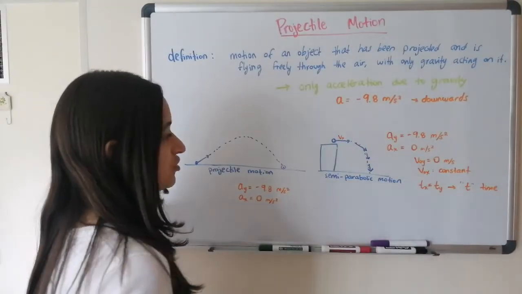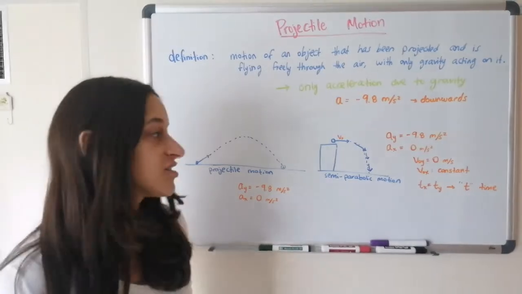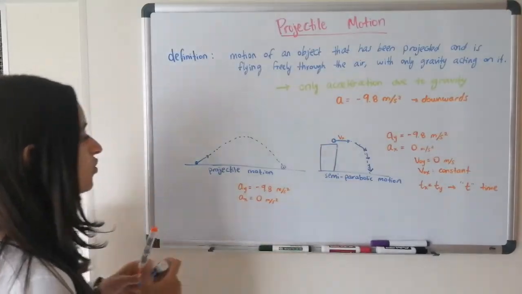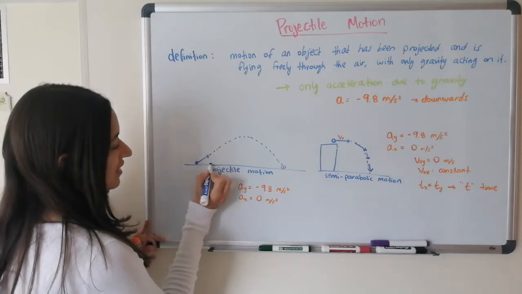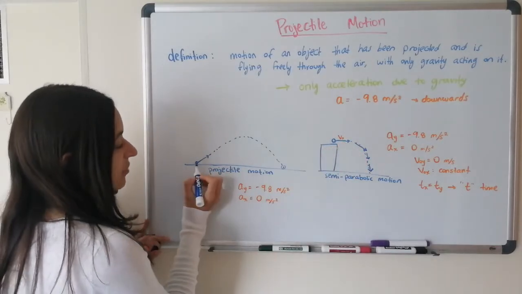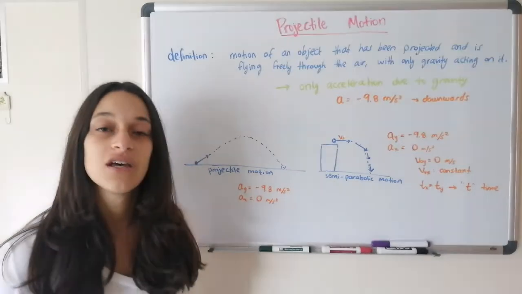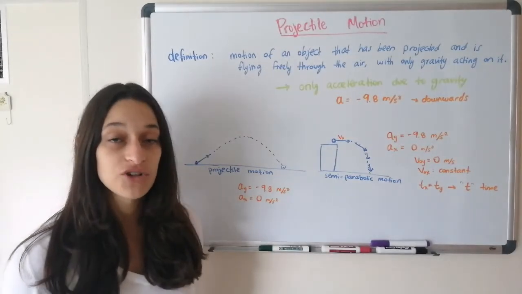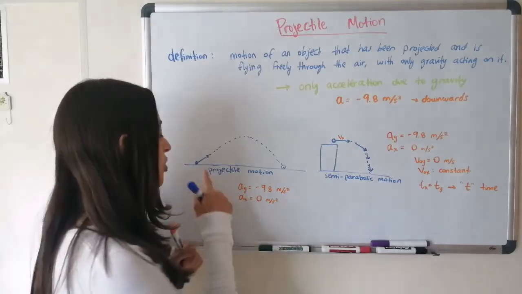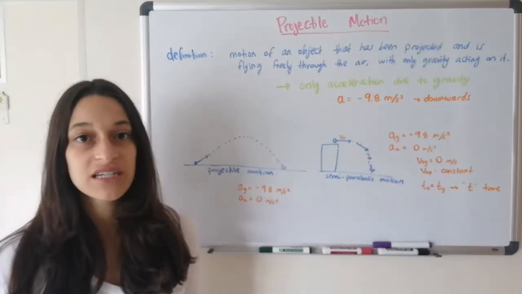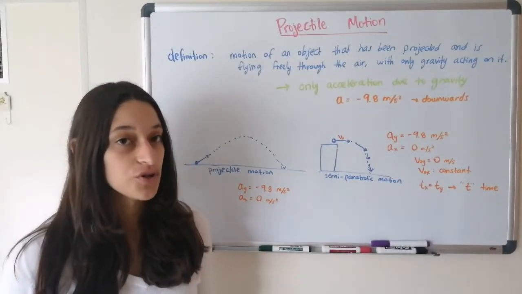However, the initial vertical velocity is now not 0, because notice in this arrow over here, it doesn't go exactly to the right as it did here, but it also doesn't go exactly up. So what we're going to have to do here is use what we learned about vector components to decompose this vector of velocity into its horizontal and vertical component.